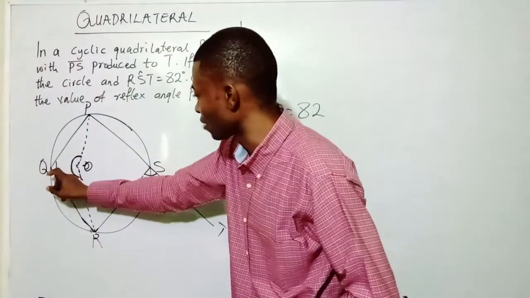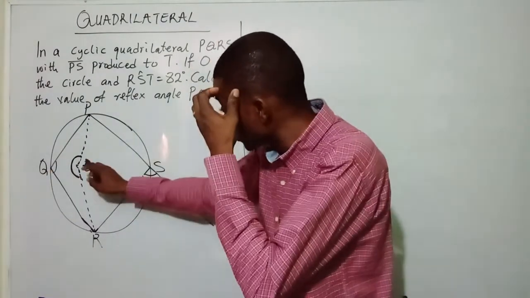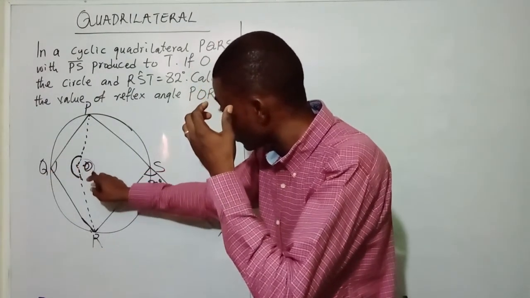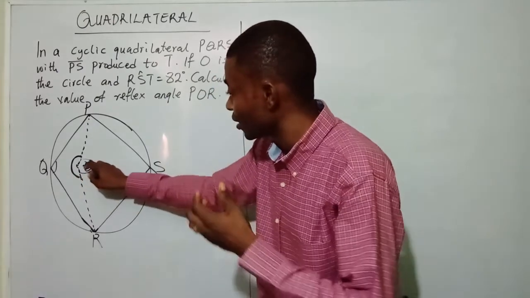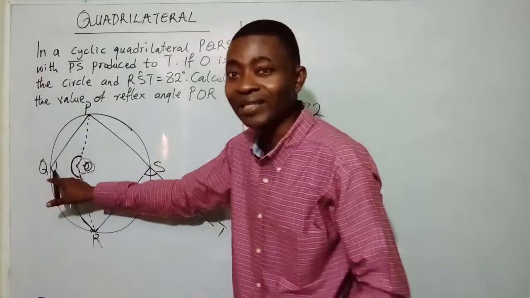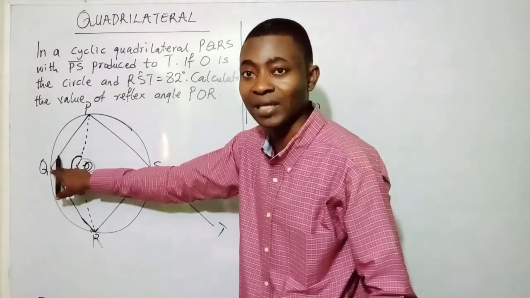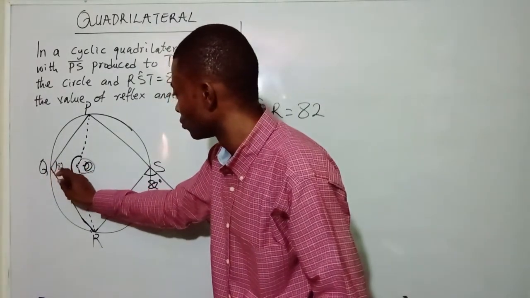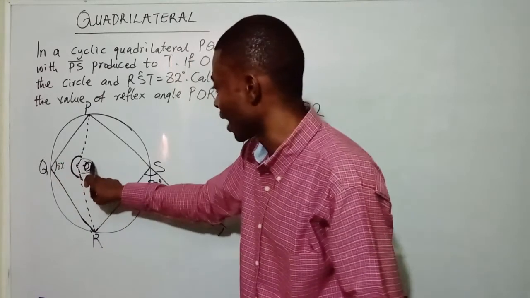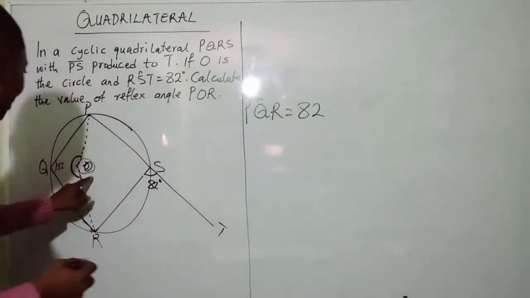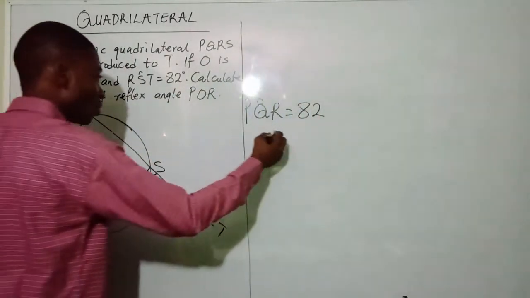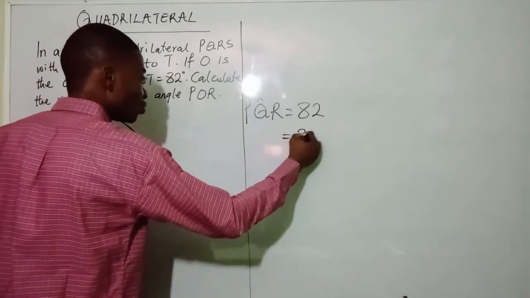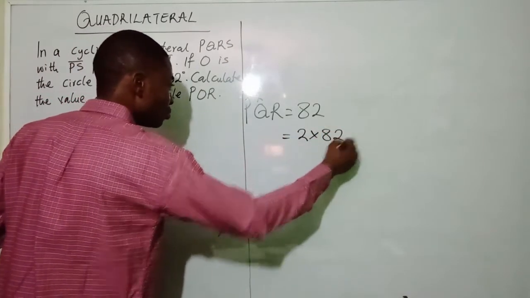That means that this other angle here is equal to twice this angle at the circumference here. So if this is 82 degrees, this angle will be equal to 2 times 82 degrees.